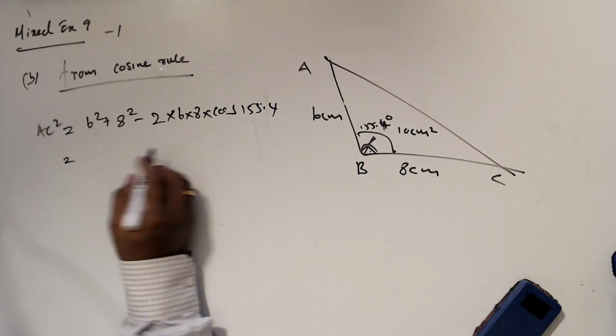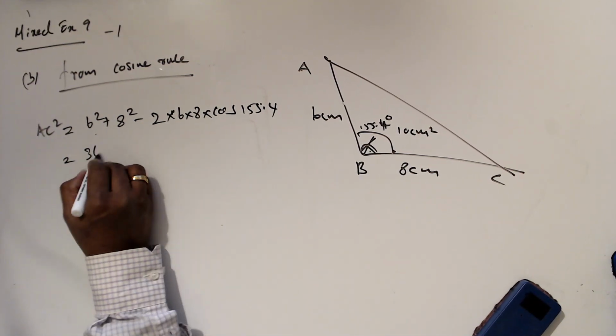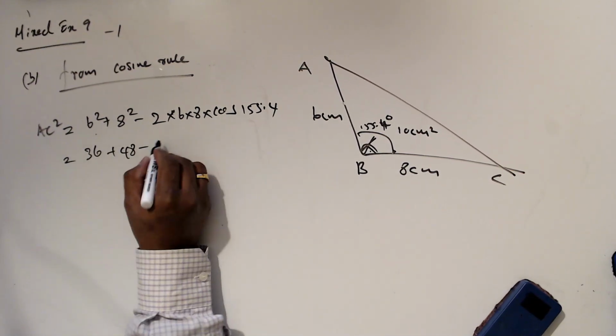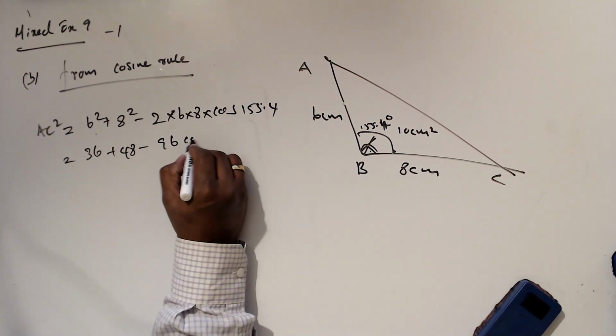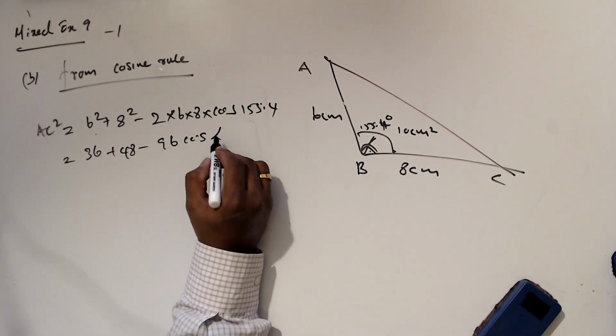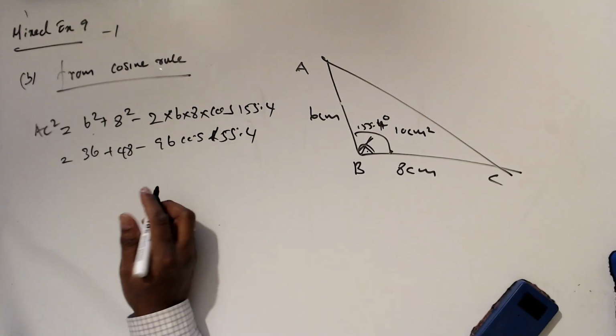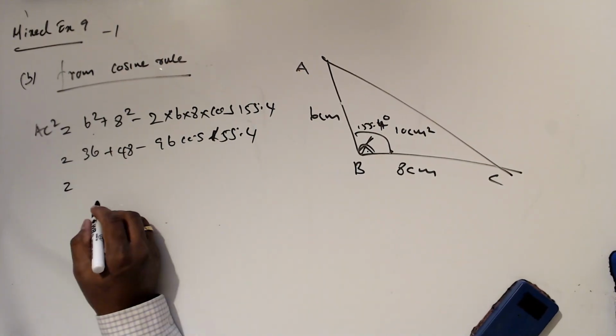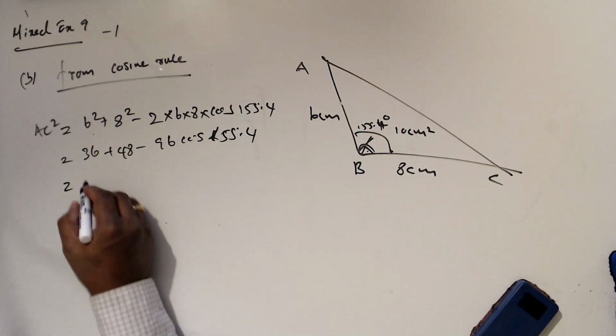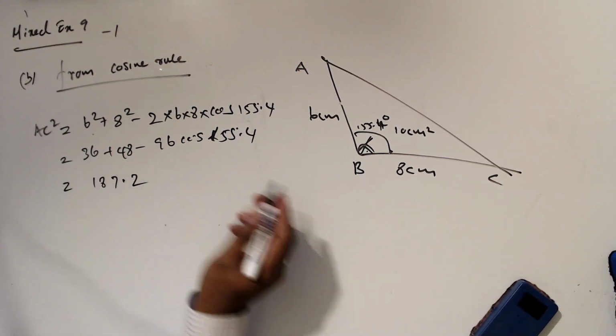So now we can solve and we can find 36 plus 64, minus 96 cos 155.4. Then from calculator you will get answer 187.2.